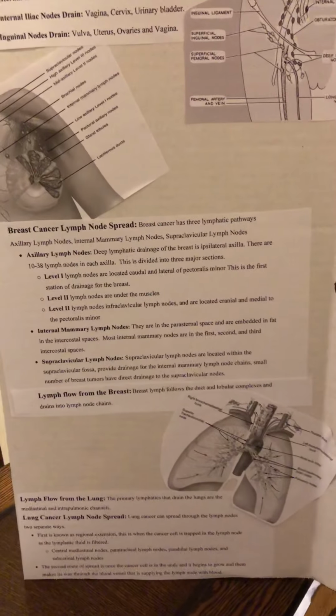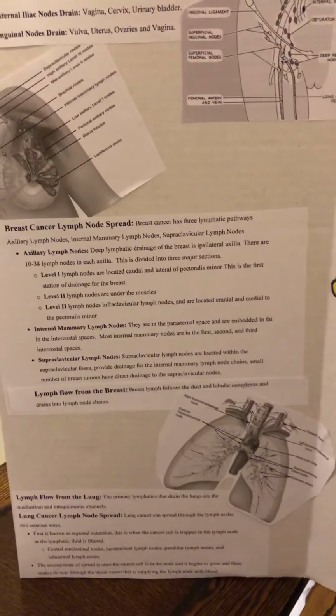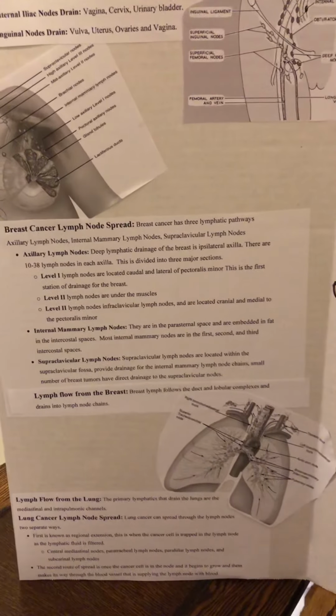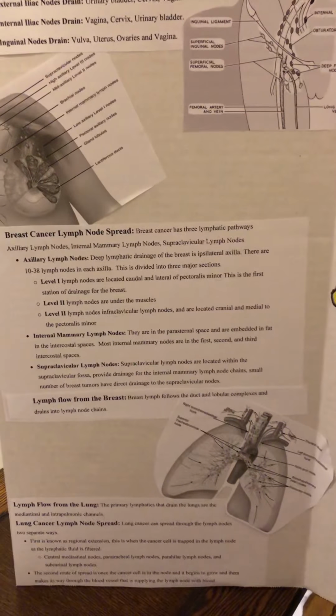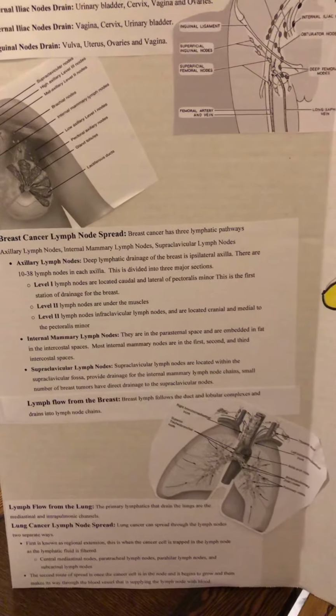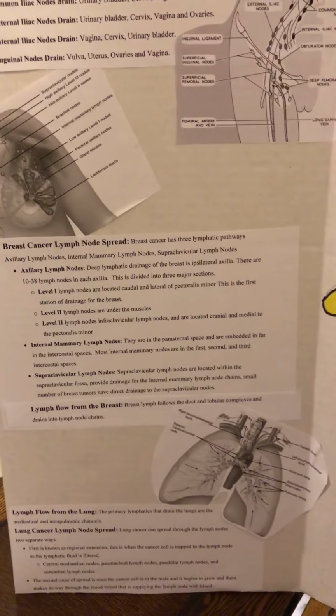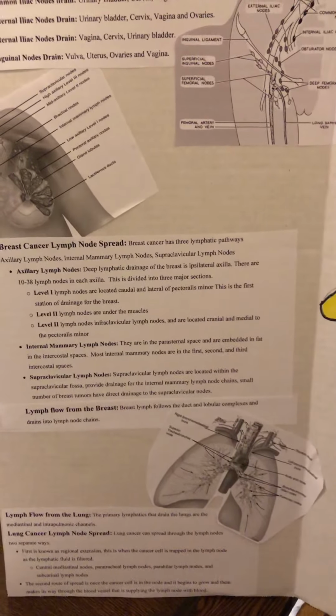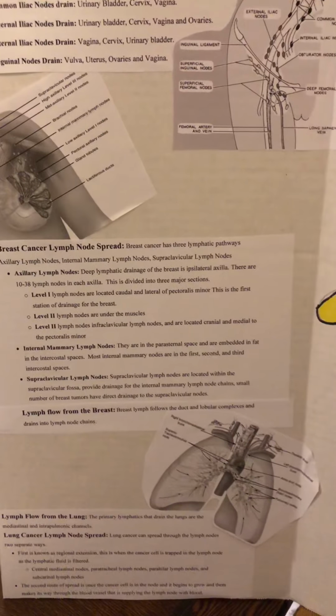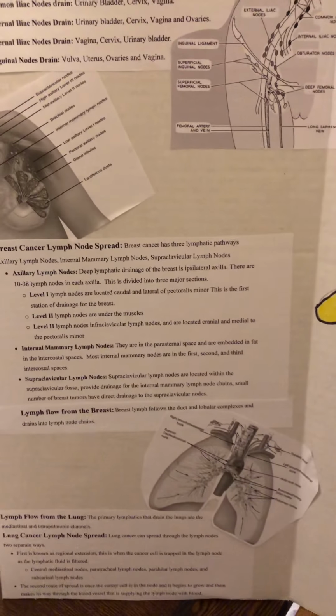The second pathway for breast lymph nodes is the internal mammary lymph nodes. They are in the parasternal space and are embedded in fat in the intercostal spaces and run alongside the corresponding artery and vein. Most internal mammary nodes are in the first, second, and third intercostal spaces.